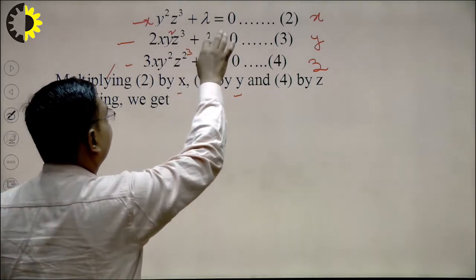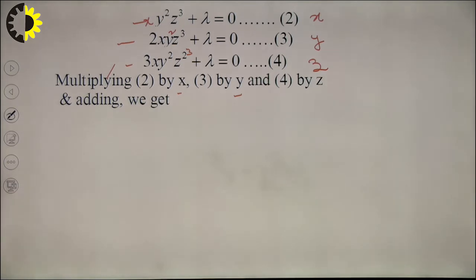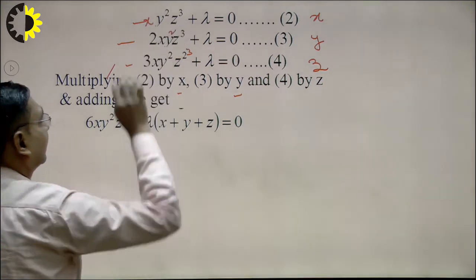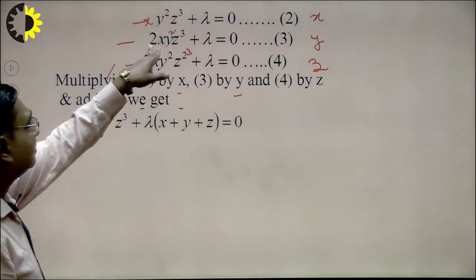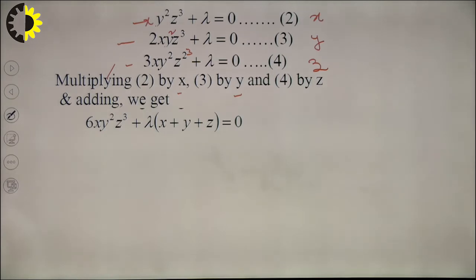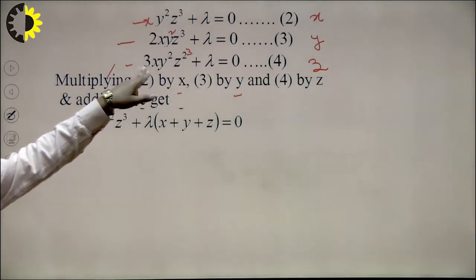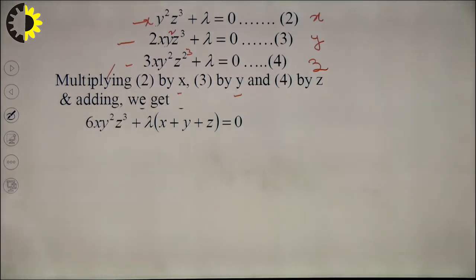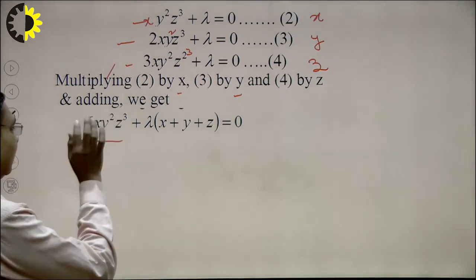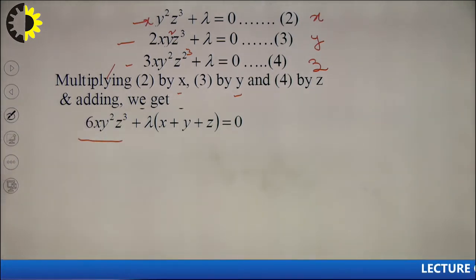Here x lambda plus y lambda plus z lambda will occur. Adding all these equations, what will happen? This is x y square z cube, this is again twice x y square z cube, this is thrice x y square z cube. Adding all, I will simply get 6 x y square z cube.